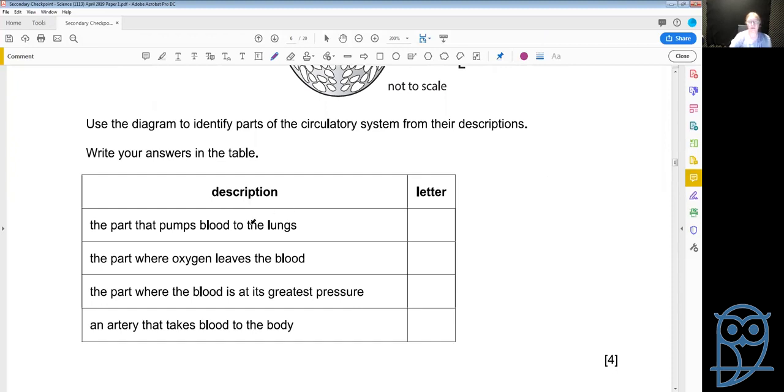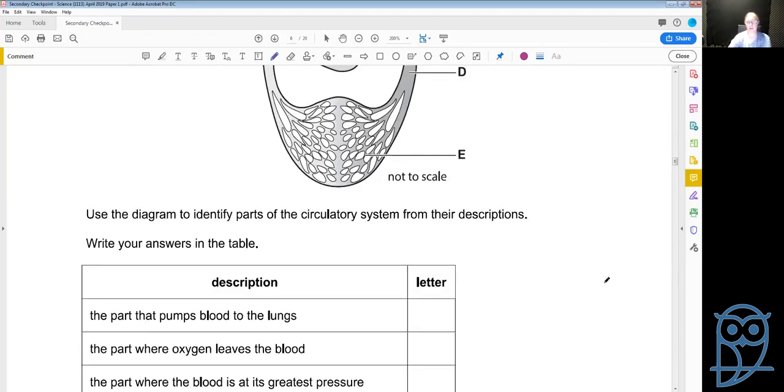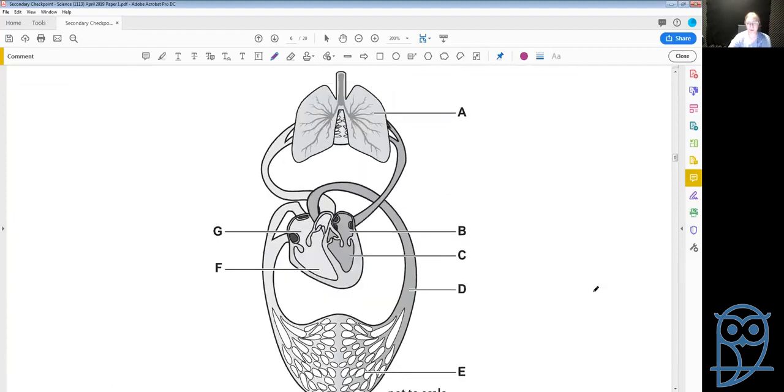So the part that pumps the blood to the lungs. So this is the part over here that will pump the blood to the lungs. So this is the path that it follows to the lungs. That is the blood that comes back and goes through the system. So over here, that will be the part that pumps the blood to the lungs.